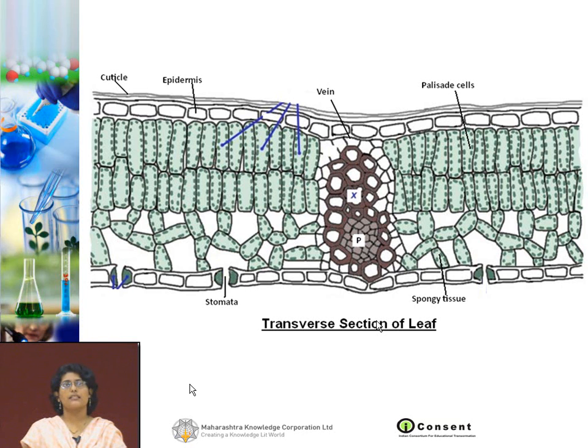We have said that carbon dioxide is directly absorbed by the leaves for photosynthesis. So this carbon dioxide enters the leaves through the stomata, and whatever oxygen is produced is released through the stomata. So these are the openings in the lower surface of the leaf.